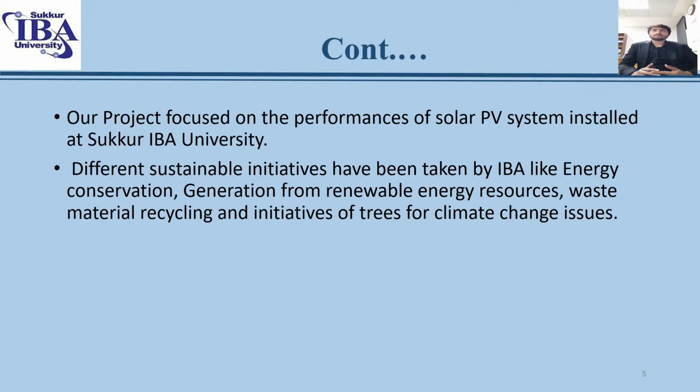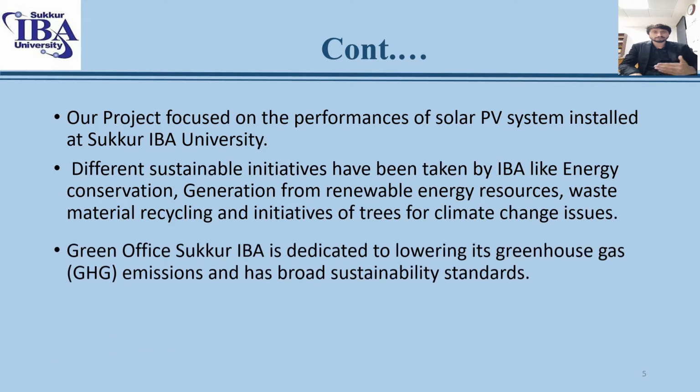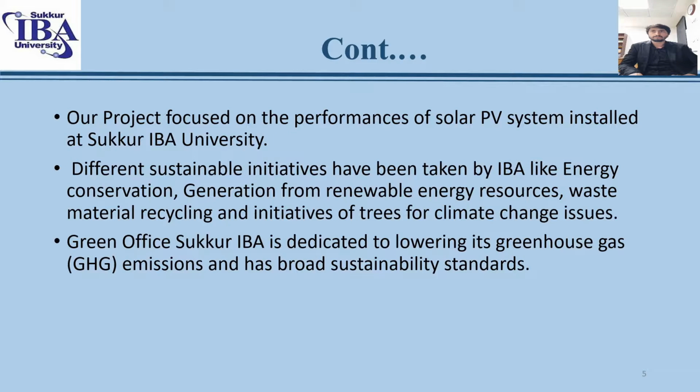Basically, our project focused on the performance of the solar PV system installed at Sukkur IBA University. Different sustainable initiatives have been taken by IBA University, like energy conservation, generation from renewable energy resources, waste material recycling, and initiatives of trees for climate change issues.